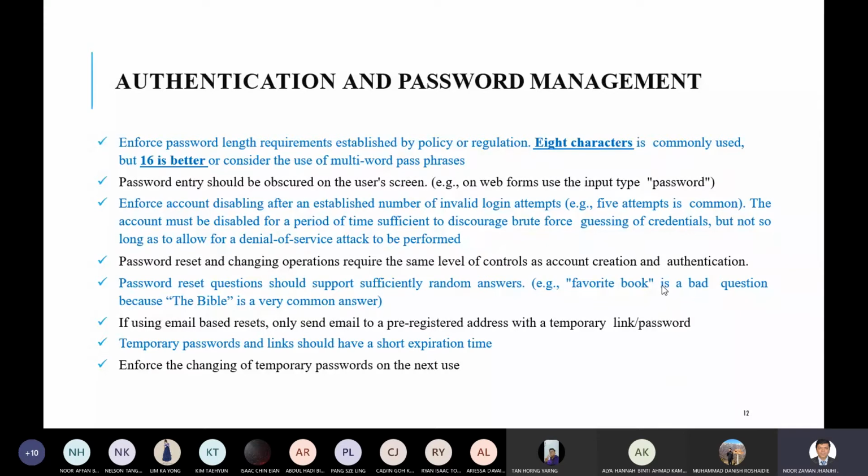And when the user requests that they forgot the password, we send a link for resetting it. That link may also have a time period. It may not be active all the time. Maybe within some limited time period the user can change the password, otherwise the link should expire. And also that link should be clickable only one time. Otherwise someone else may get that link and change the password.